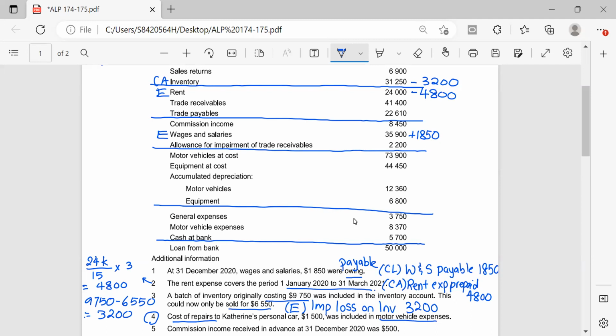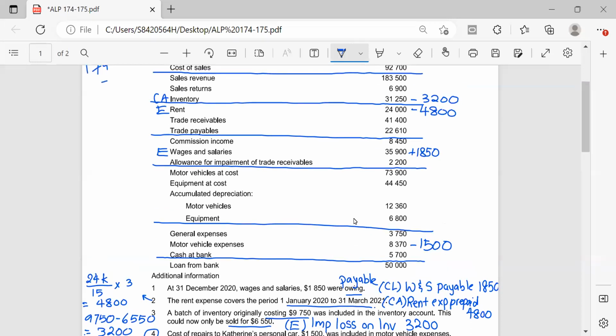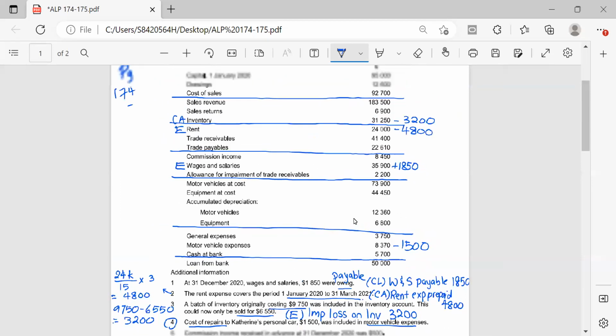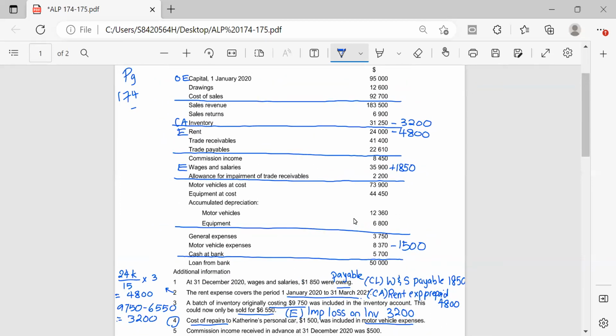So take it out from the wrong account, minus 1,500, and add to the correct account, which is your drawings account. Okay, it's the second account. So in this scenario, you don't have to create any new account because both accounts are already there.